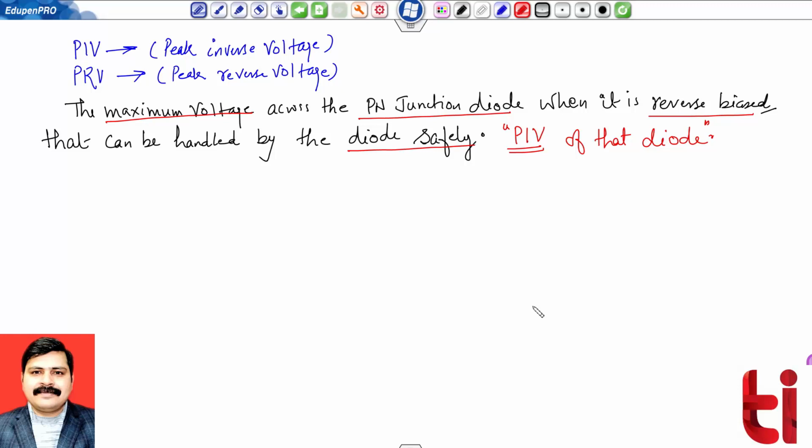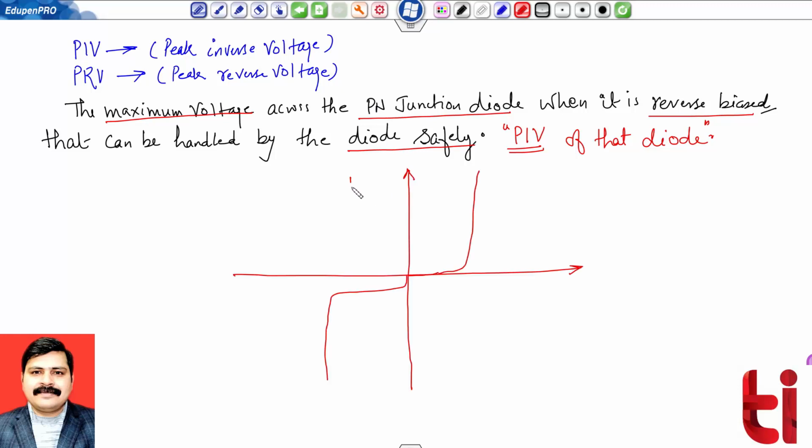So during your laboratory session, you must know for a particular diode what the PIV rating of that diode is. So this was my ID in terms of milliampere, VD in terms of volts. So that is the curve in forward bias, and the behavior is like this.